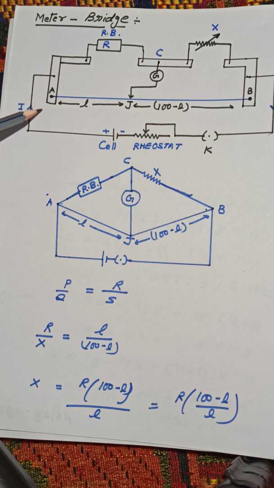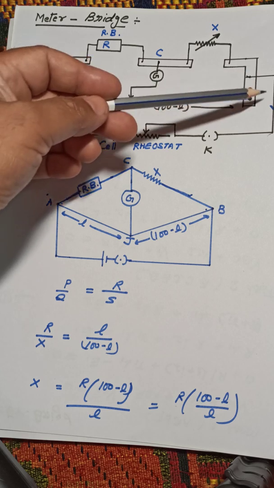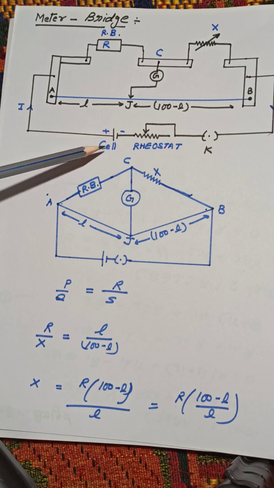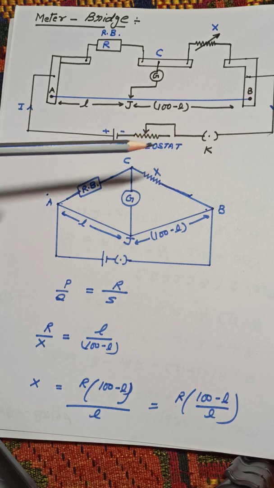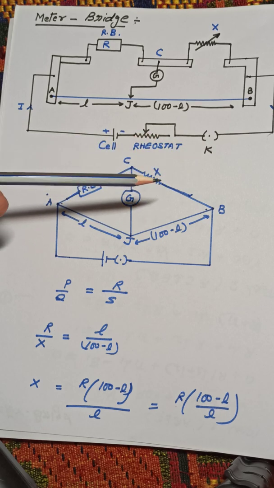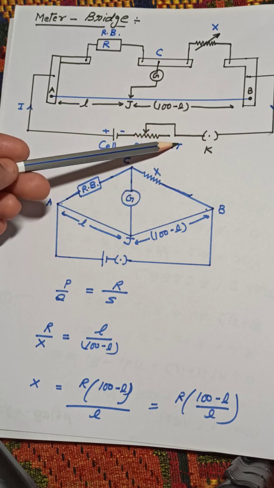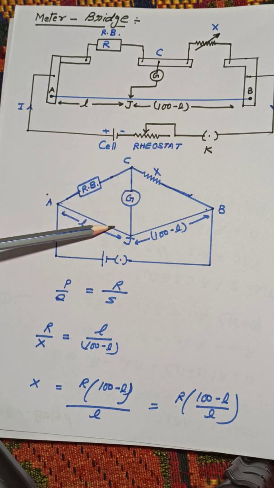A is kept positive with the cell and B is kept negative with the cell, and the cell is connected along with the rheostat as well as the key to switch it on and off. The alternate circuit you can see as a Wheatstone bridge.